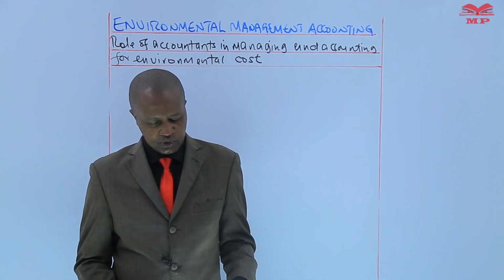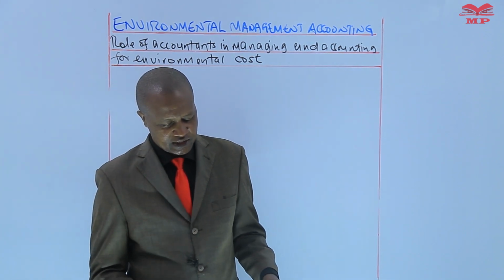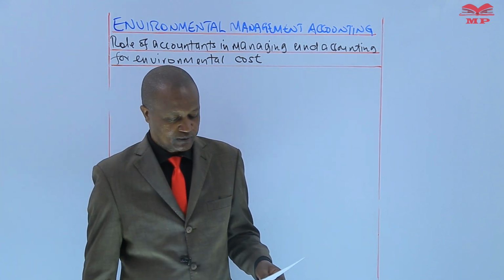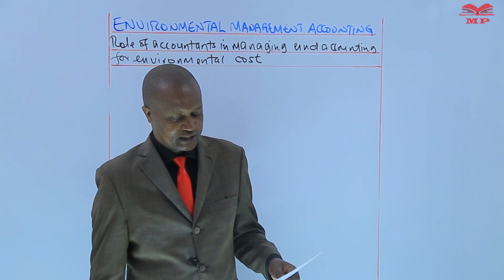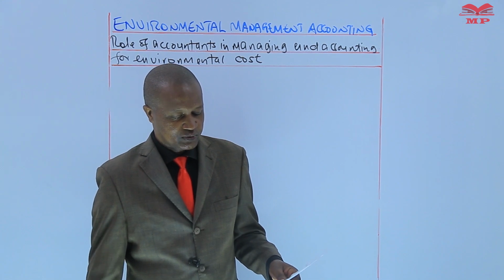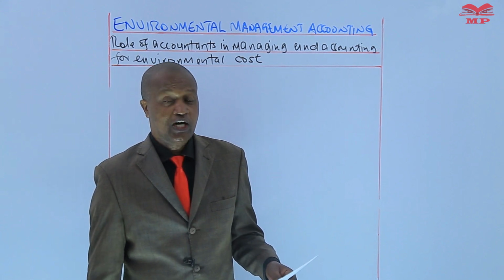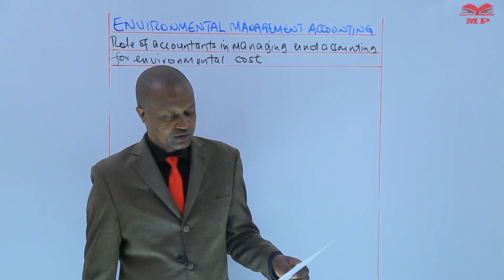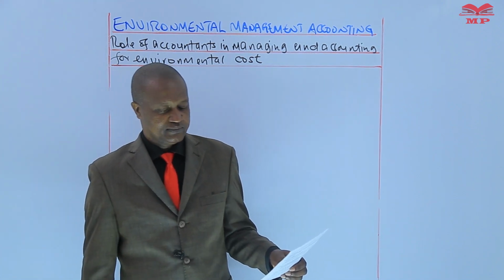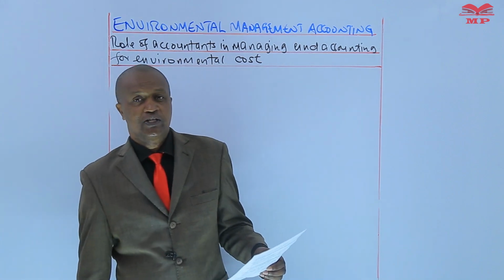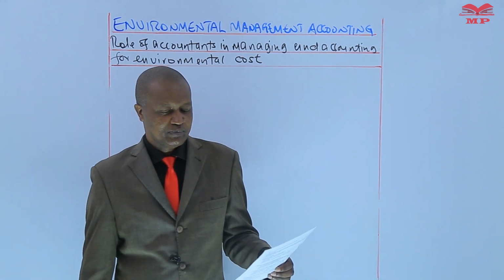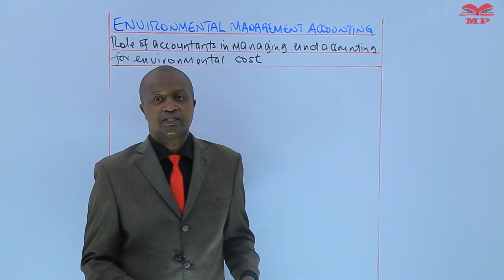Two, use of management accounting techniques in identification and allocation of environmental costs. And in studying the techniques, we look at the inflow-outflow analysis, number one. Number two, flow cost accounting. Number three, environmental life cycle costing. And lastly, environmental activity-based costing.